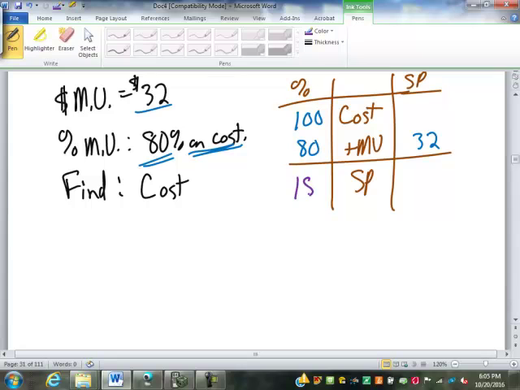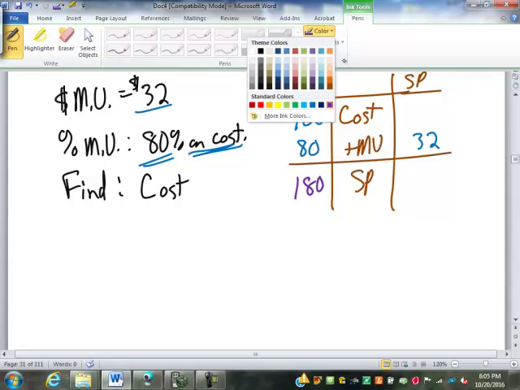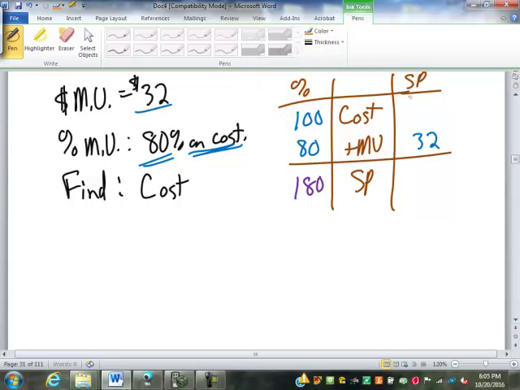I could find this to be 180, but here's a problem where I don't even need that. What am I asked to find here? I'm asked to find the dollar amount of the cost. I'm looking for this. So I'm not going to need the selling price at all. I can do 100 times 32 divided by 80, which gives us $40 in that cost.